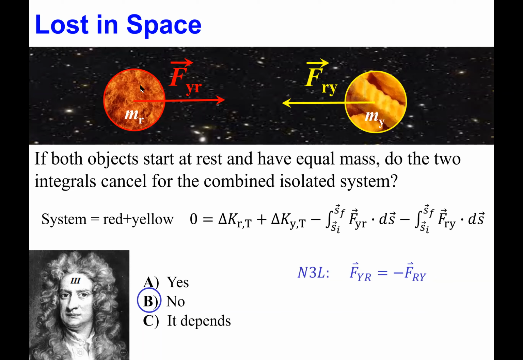As the red object is drawn towards the right, the yellow object is drawn towards the left. And that switching of direction is encoded inside the dot product here. So the sign change will then correct the minus that we would acquire by our first assumption and cause these two integrals not to cancel each other out.